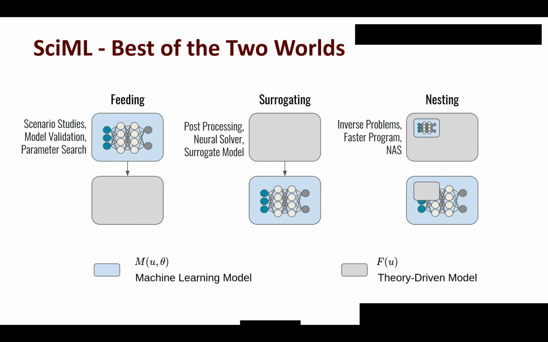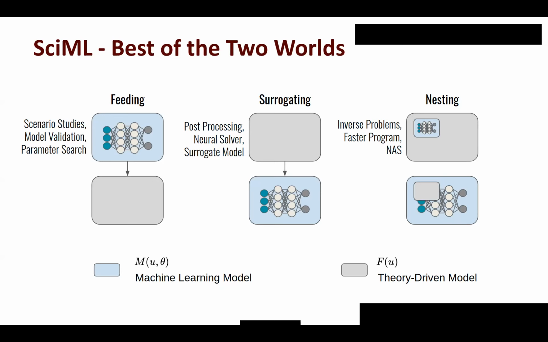By doing that, you can train your neural network to replace the original theory-driven model. That's called surrogating. The pronunciation might be wrong, but that's another way of using your network to help you do your science.